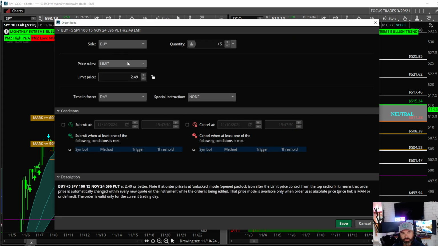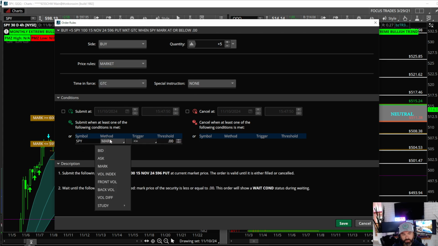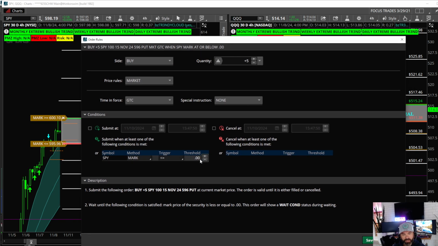So now I'm going to load the puts. I'm going to buy 5 of these at market, GTC, symbol, method, less than or equal to what? I'm going to go 595.90. That's just how I roll. 595.90. Enter a couple times.